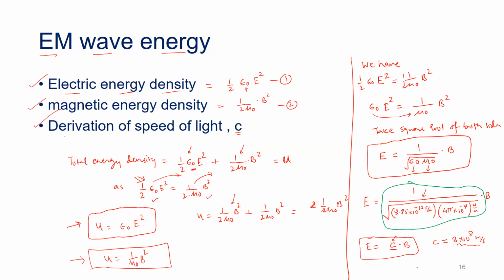So remember, the C value can be derived, and it is equal to 1 over the square root of epsilon naught times mu naught. This is how we have derived the expression for the constant C, and at this speed, the EM wave propagates through space.